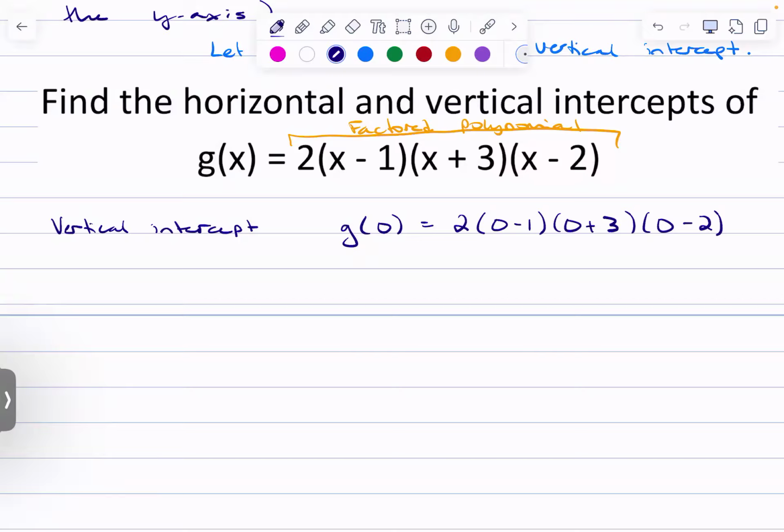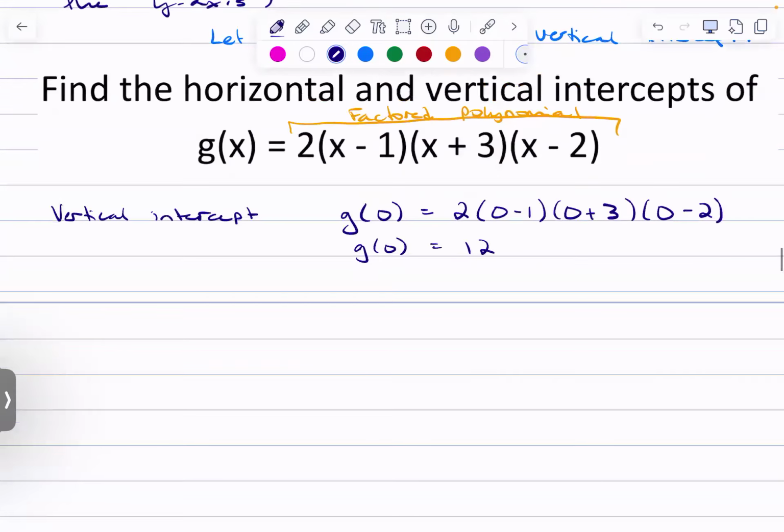I don't actually know what that is, but 2 times -1 times 3 times -2, I get 12. So when x is 0, y is 12. That one's always the fun one, right?